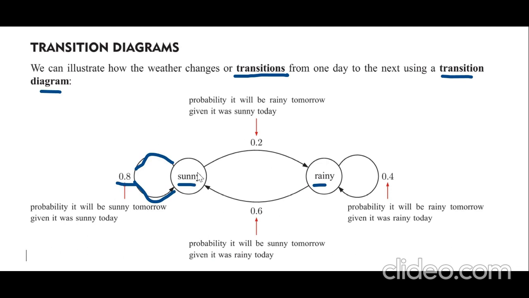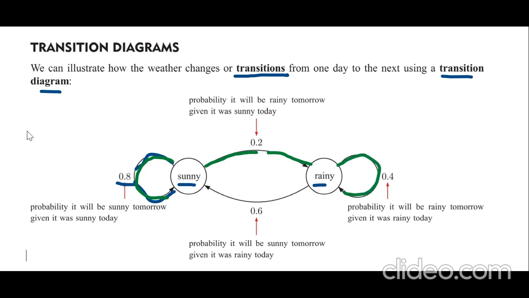If today it is sunny and tomorrow it is rainy, it is 0.2, because it is going from sunny to rainy. Day 1 is sunny and the second day is rainy. Over here it is coming back to sunny, which means day 1 was sunny and day 2 is also sunny. The other option is that day 1 is rainy as well as day 2 is rainy.